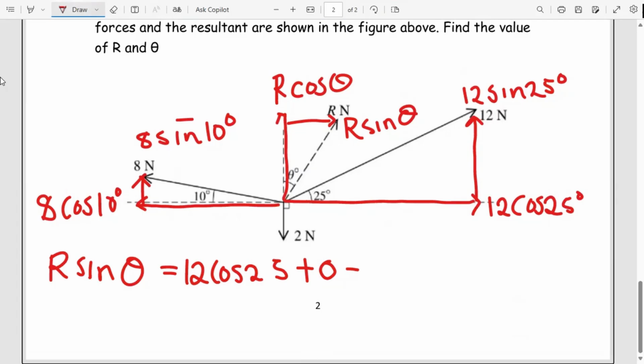Since this one is pointing in the negative direction, we incorporate a negative there. So minus 8 cos 10 degrees, like that.